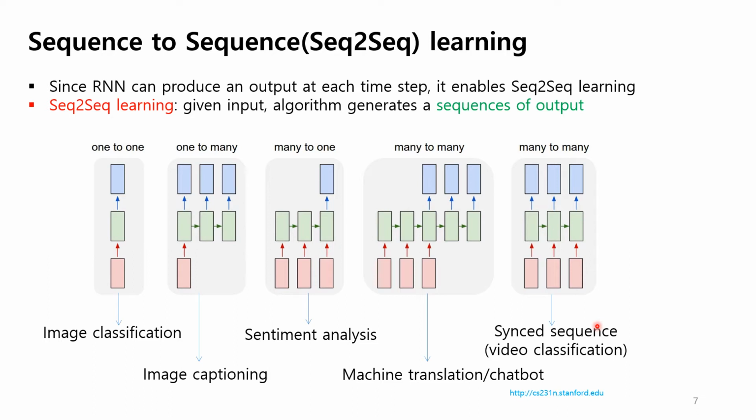As I said, one of the big advantages of using RNN is that it can generate a sequence of output, not just one or a few outputs. It can generate a big, long sequence of output. If each output is a pixel value, the whole thing becomes a picture. You have seen examples of deep learning algorithms generating images.